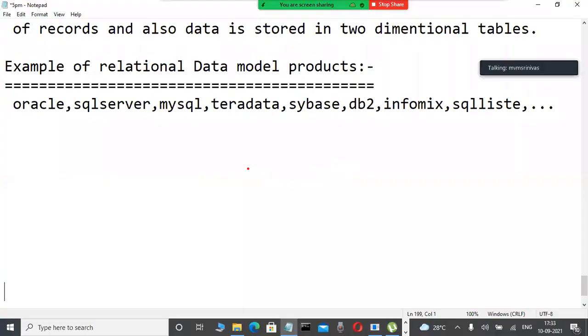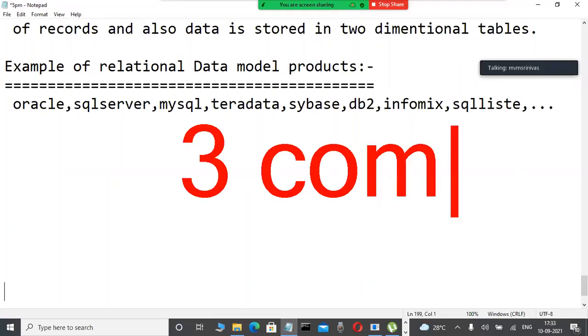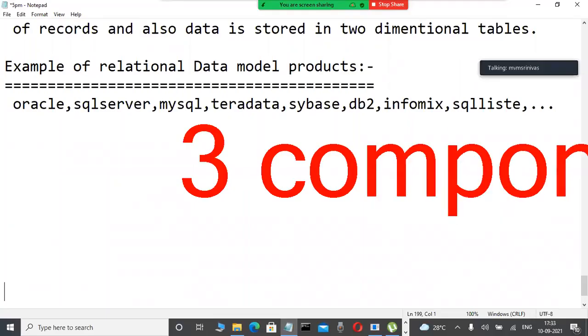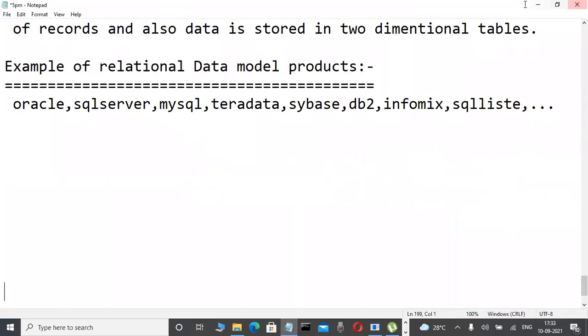Relational data model products mainly consist of only three components. In any project you observe, the main components are these three. Once you know those three components, finished, nothing more. Every relational data model mainly consists of three components. It is this easy, but people get confused. Write it, and I will tell you what these three components are.